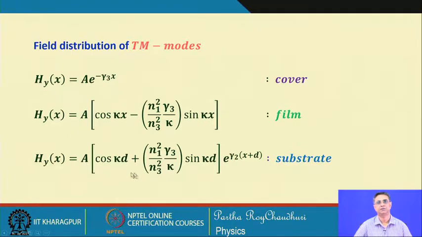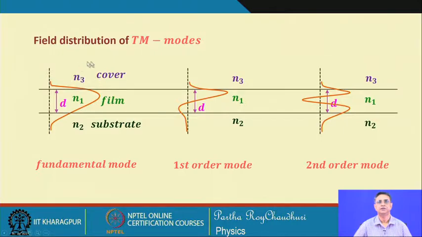The amplitude of the field comes from this quantity. The field distribution across the waveguide, for the HY field also, that is the TM mode, shows a sharply decaying evanescent field across the film cover interface, and it happens for all other higher order modes.